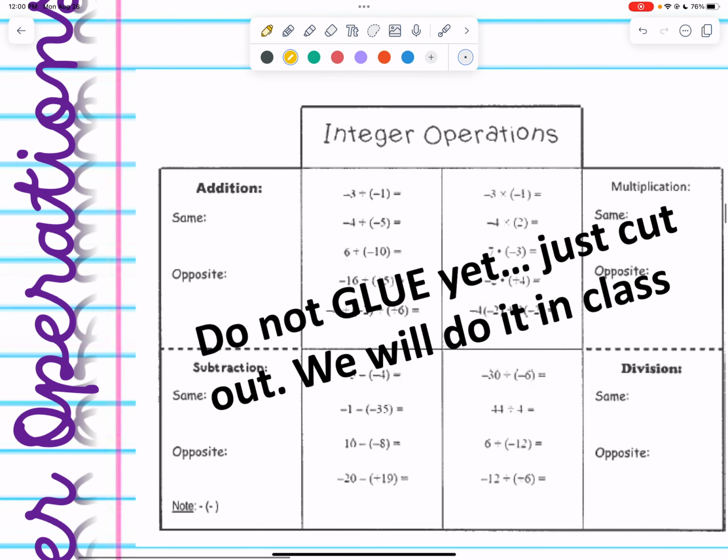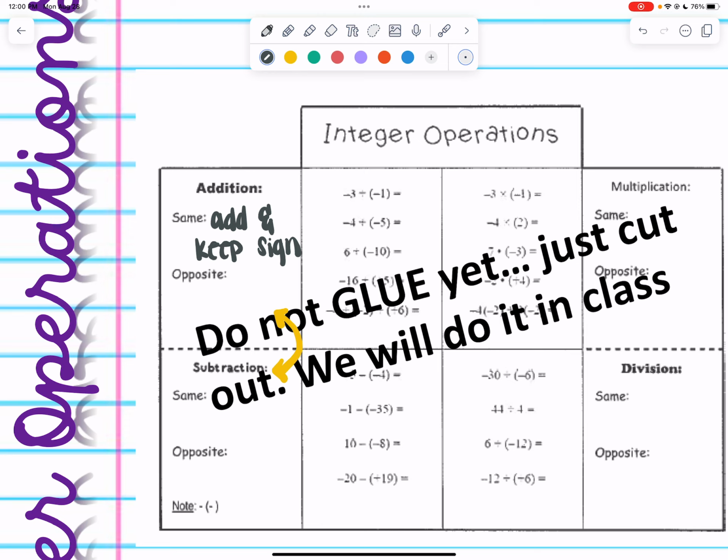So addition and subtraction are going to work very similarly. So I'm going to draw a little arrow between these two just so you make a note that these act the same. They have the same rules. So if two numbers are being added and they are the same sign, you are going to add and keep the sign.